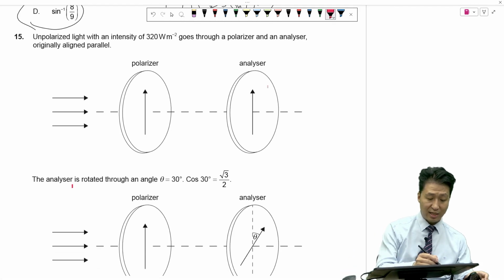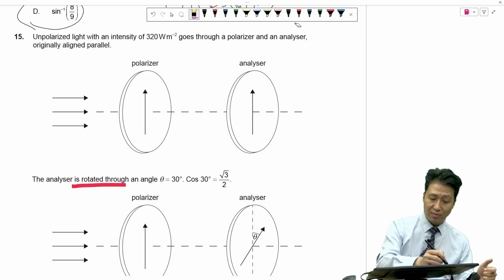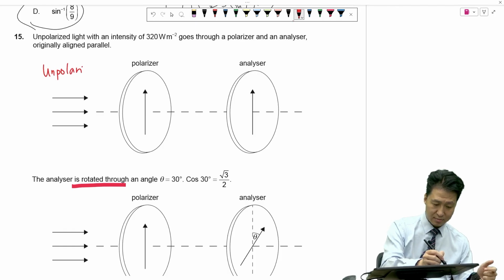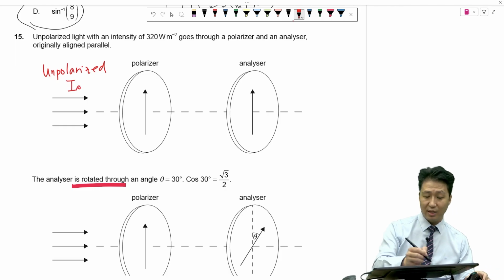Second part, the analyzer is rotated through an angle of 30 degrees, and it gives you the cosine of the angle. So what has to happen here? Number one, always remember, it's unpolarized first. Let's say this is average intensity I0. After the polarizer, let's call this intensity I1. After the analyzer, let's call this intensity I2.